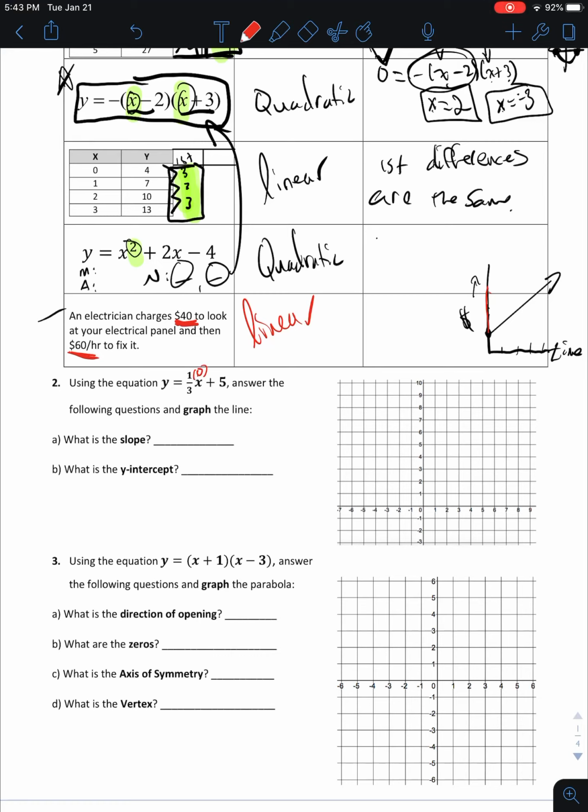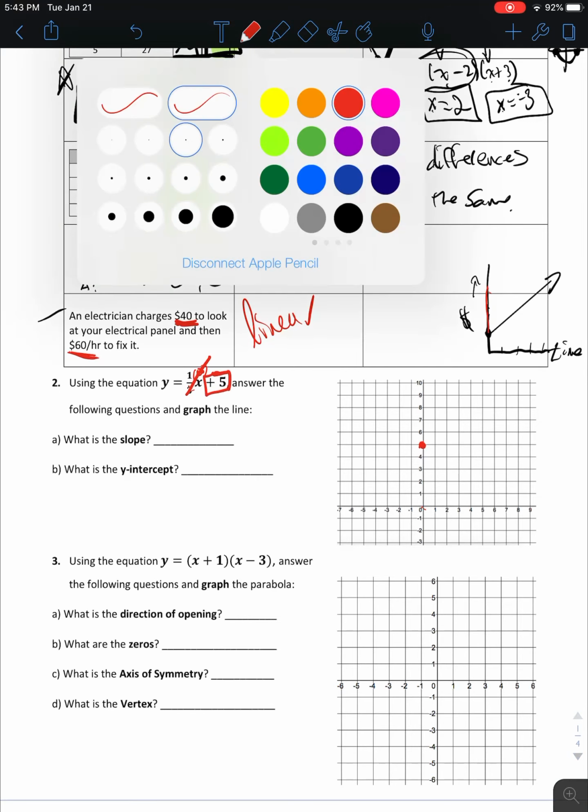So what happens when I plug in 0 for x is I get 1/3 times 0, which is 0, plus 5. Right? So when x equals 0, I'm going to go find 5.